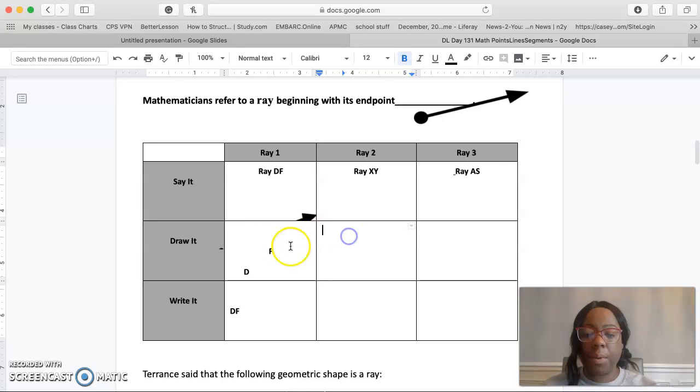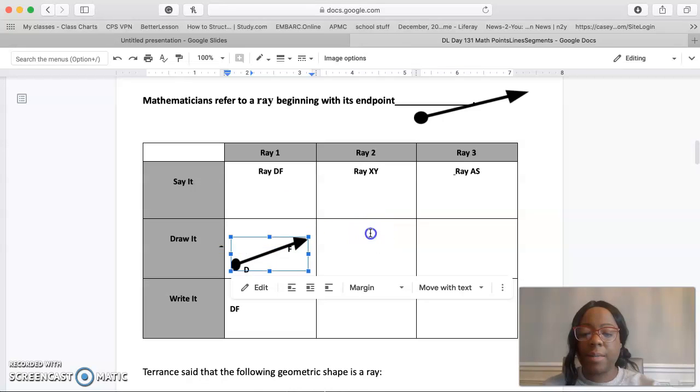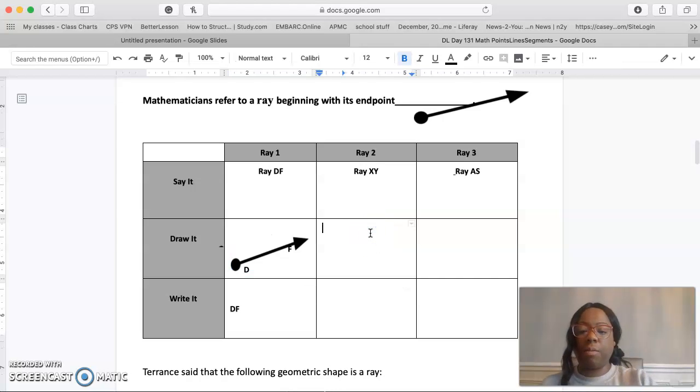Now, if we were going to draw it, we would draw it just like this. All right, so we have the point as D because we're starting with the end point, and the forever goes on and it is F.